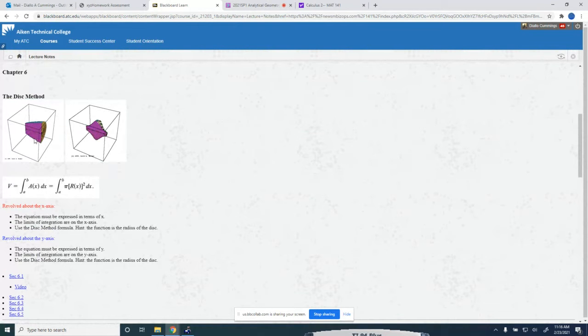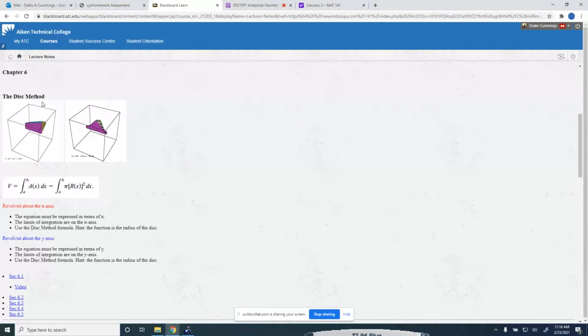When you rotate it about the x-axis, it forms what's called a solid of revolution. So notice that both of these curves are being rotated about the x-axis, and they form what are called solids of revolution.